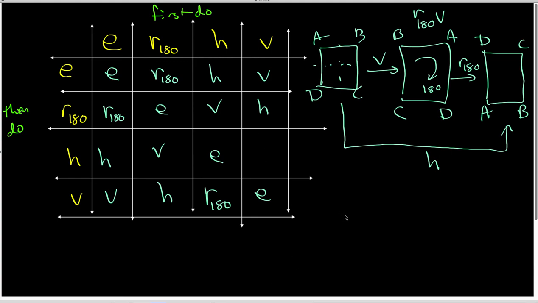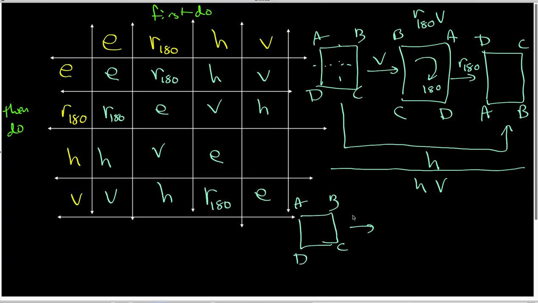Our last thing for this little Cayley table is going to be V followed by H. So we start with A, B, C, D. We do V, and when we do V, we have B, A up there, and we have C, D down here because we flipped over a vertical line. Now we're going to flip over the horizontal line.